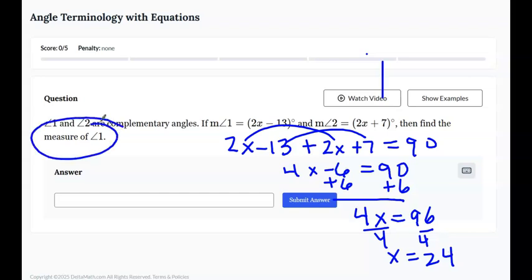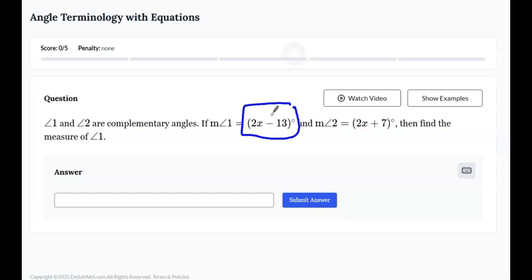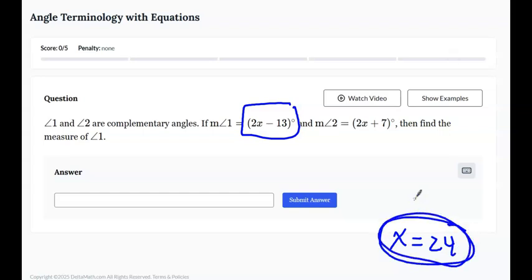Now it didn't ask me what x was. It asked me what the measure of angle 1 is. And angle 1 is 2x minus 13. But I did do some math over here that told me what x was. So if x is 24, I have a little bit more to do, because I know that angle 1 has a measure of 2 x's.